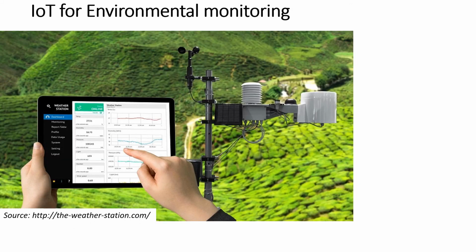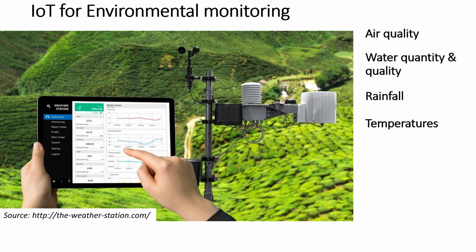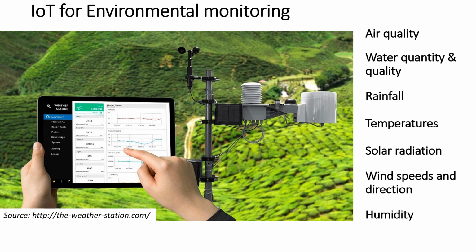The next example is IoT for environmental monitoring. IoT systems have been used, for example, to monitor air quality, water quantity and quality, rainfall or precipitation, temperatures, solar radiation, wind speeds and wind direction, and humidity.